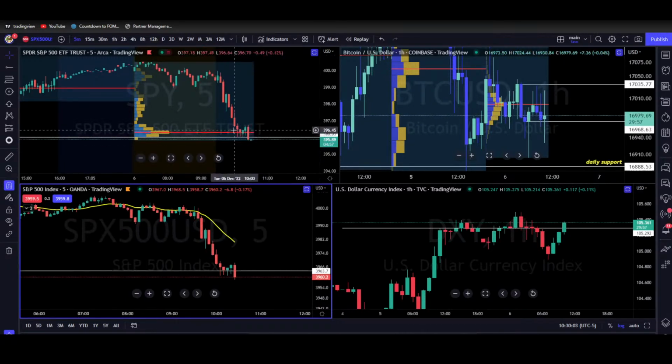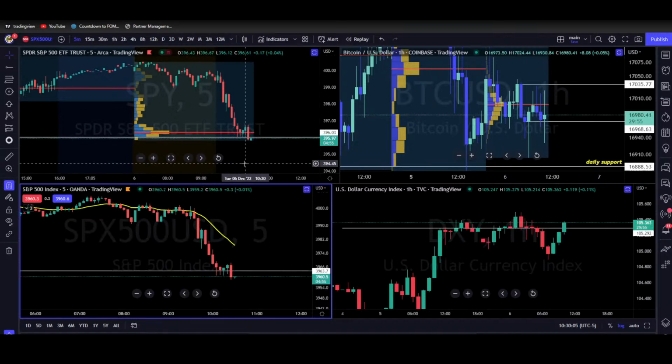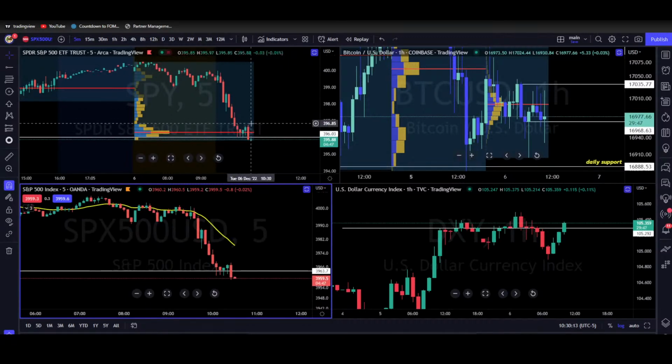Wait for a breakdown and then they get short. But how do you manage your risk like that? You risk all the way up there, or do you just risk this swing high? If that's the case, then I guess you're only looking for a couple bucks tops.